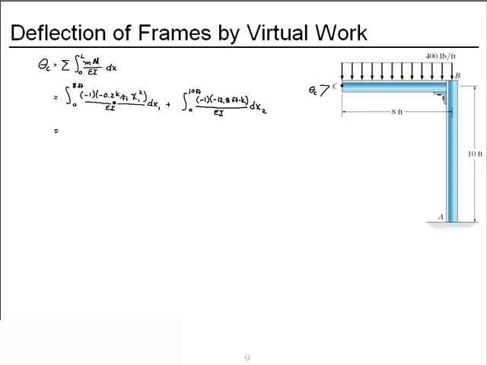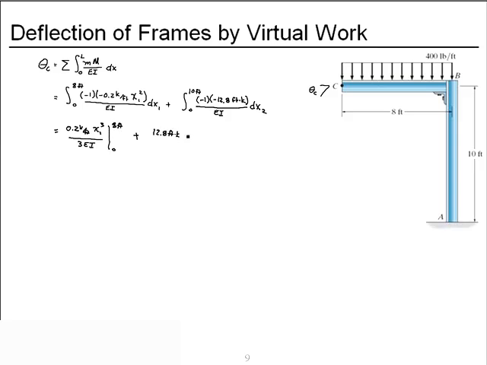Two negatives cancel, so we get a 0.2 kip per foot. x1 is elevated to the third power, and therefore we have to divide by 3, and we'll evaluate that from 0 to 8 feet. We'll add to that, the negatives cancel, so we get a positive 12.8 foot kips.